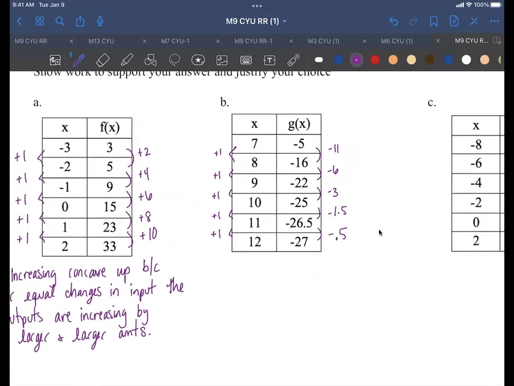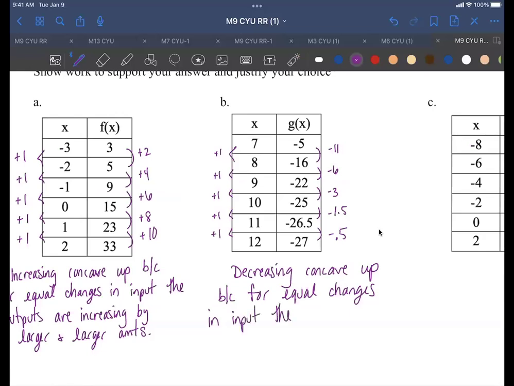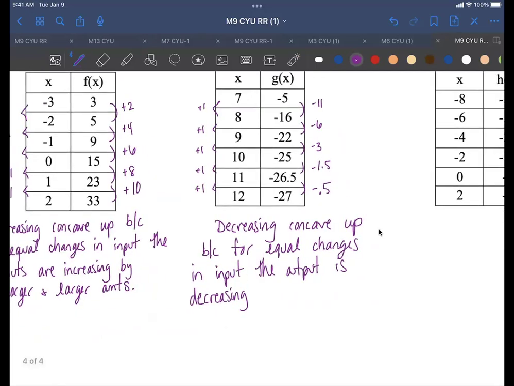So if we phrase this, overall the table's decreasing. That is true, the numbers are going down, yes, but it's decreasing concave up because for equal changes in input, the output is decreasing, but it's decreasing by less negative, also known as increasing, amounts.